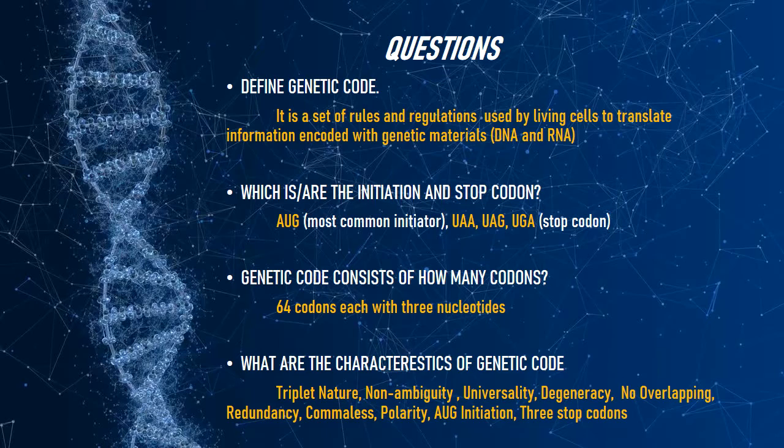Genetic code consists of how many codons? 64 codons each with 3 nucleotides. What are the characteristics of genetic code? Triplet nature, non-ambiguity, universality, degeneracy, no overlapping, redundancy, commaless, polarity, AUG initiation, and 3 stop codons.